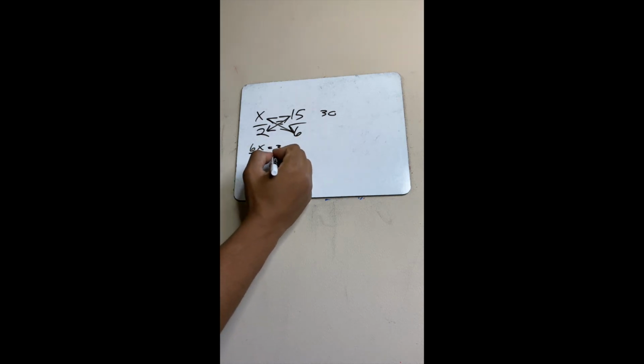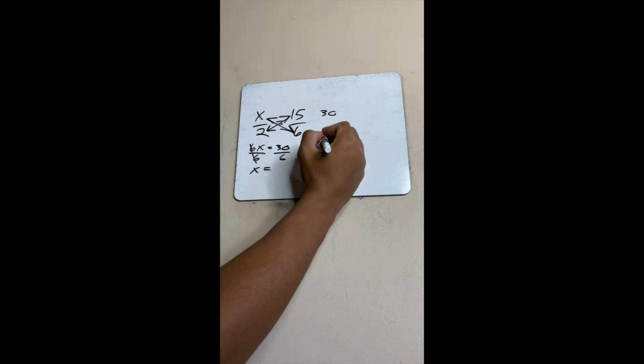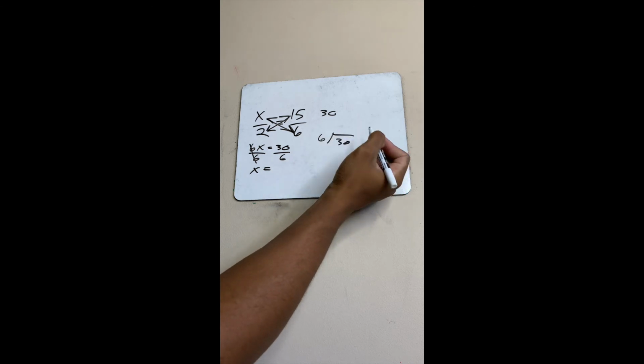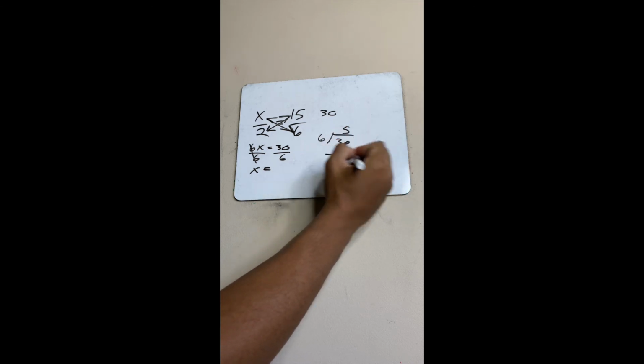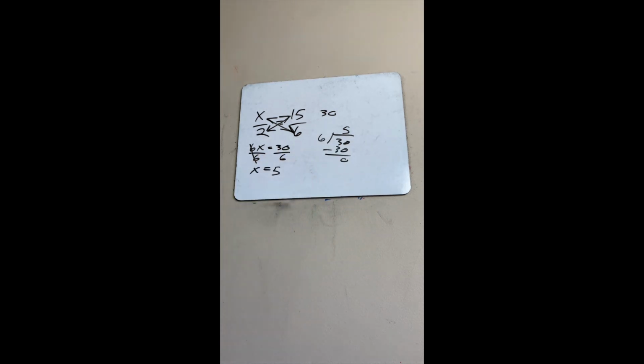Divide both sides by 6 because we want to isolate that variable. The 6 disappeared. All we have is the x left. Equals 6 goes into 30. We already know that should be pretty easy. 5 times. Okay. There we go. So that was easy.